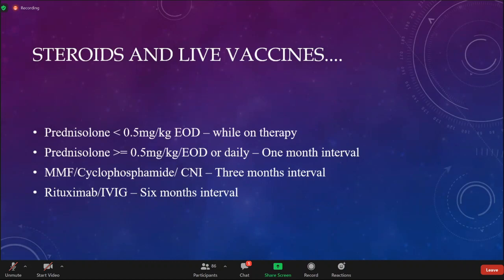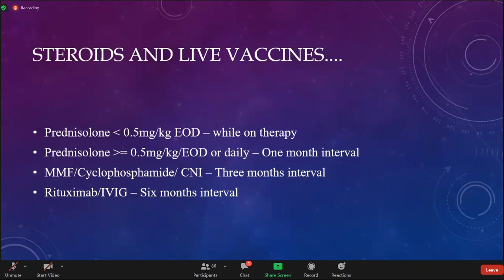But in our country, we usually wait at least 1 month after stopping the immunosuppression before you give live vaccines. But as I mentioned, the AAP guidelines say that while they are on very low dose every other day steroids, you can give live vaccines.